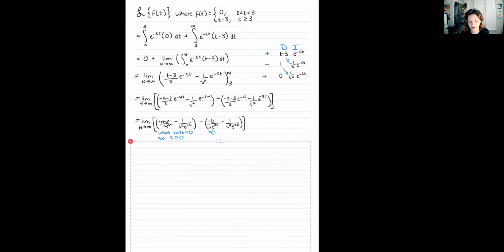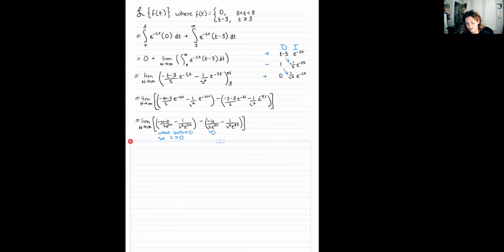As long as s is greater than 0, both of our denominators of those first two terms are going to be exponential functions as n approaches infinity. So that's going to be way bigger than negative n minus 3 or negative 1. So those are both going to converge to 0.